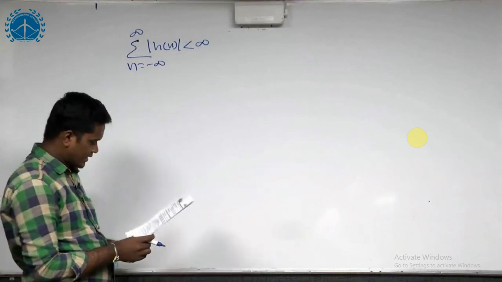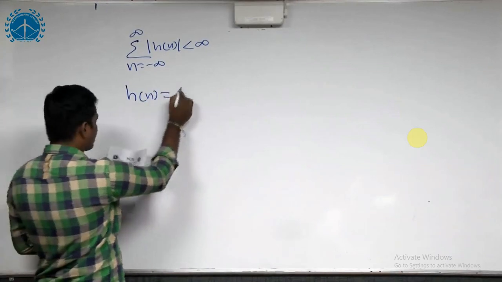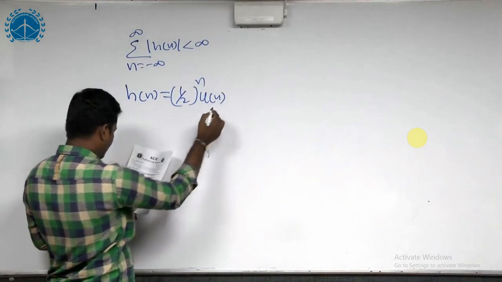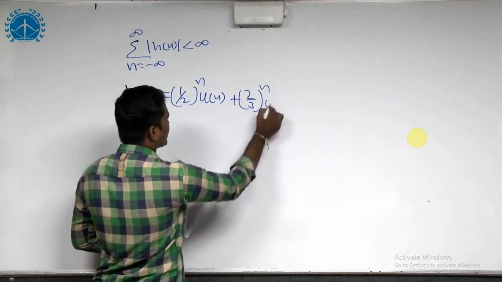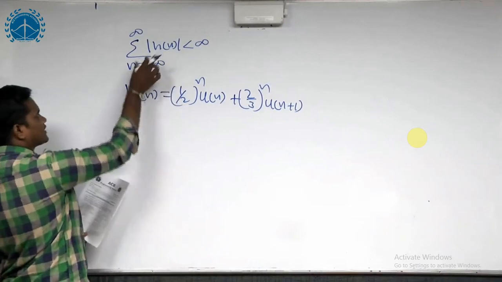Let us take the first system. h of n equals (1/2) to the power of n u of n plus (2/3) to the power of n u of n plus 1. Let's substitute this in the equation.